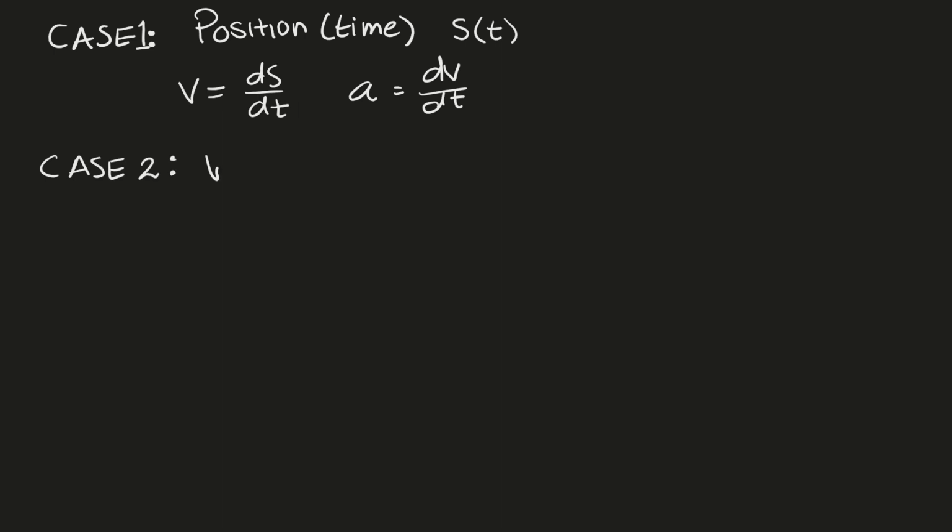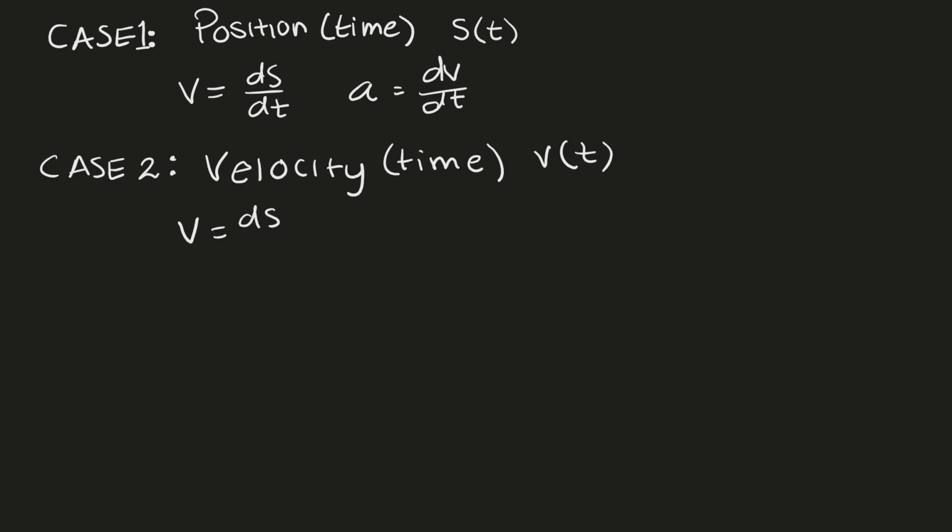Case 2 is, what if we have the velocity as a function of time, aka v of t? How would we find position and acceleration? Well, using the same equation as in case 1, we can say v equals ds/dt. By multiplying the dt over to the other side, we can say that ds is equal to v dt.